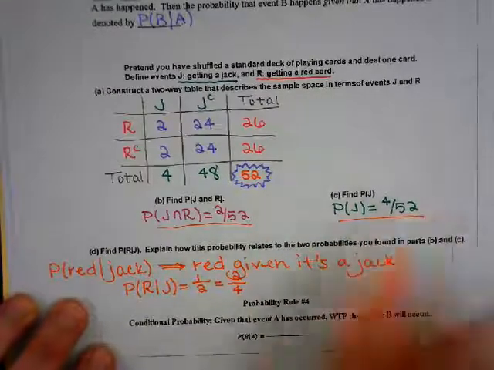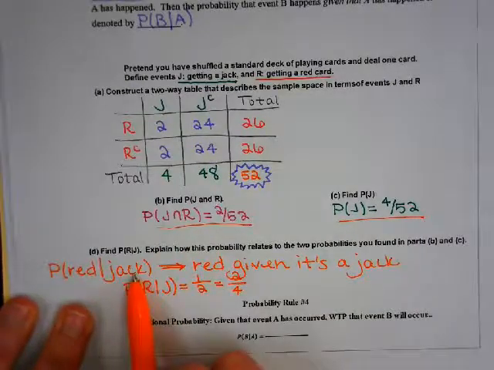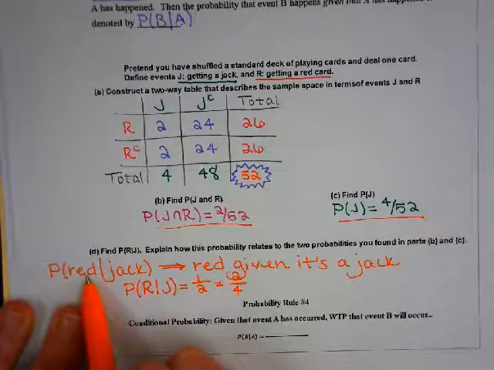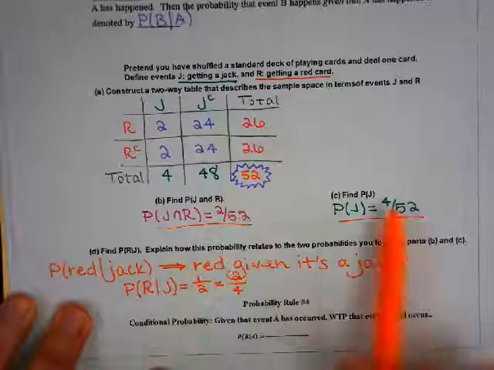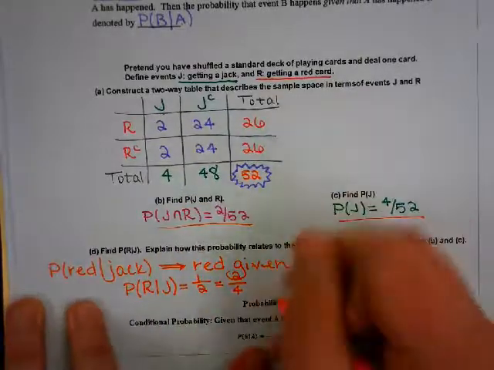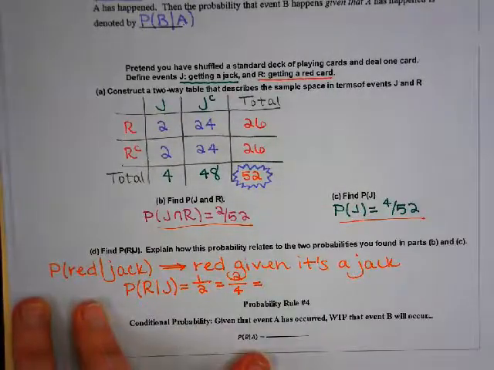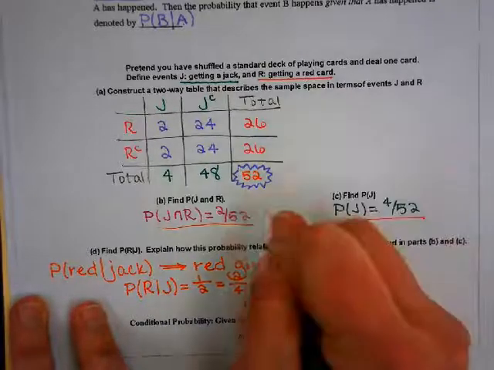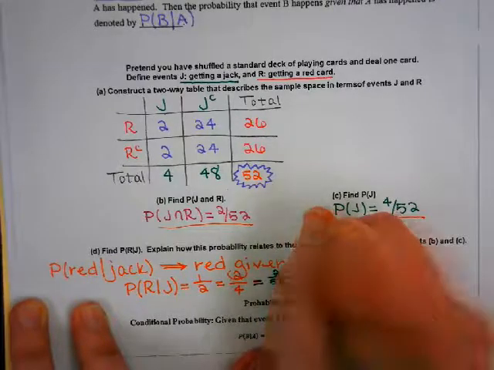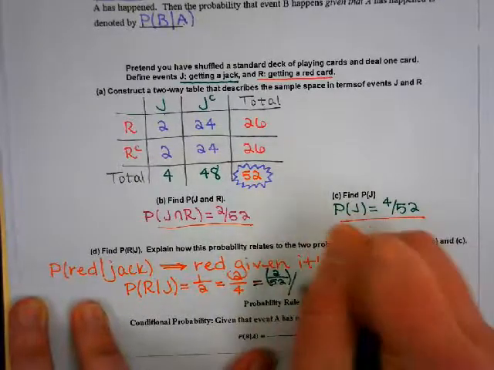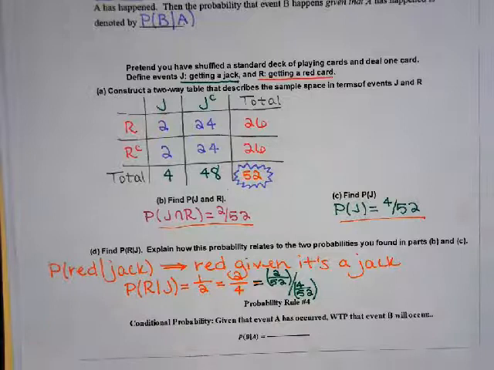Because if we know that it's a jack, and we want to find out that it's red, we're going to take the probability that it's a jack and red, divided by the probability that it is a jack. So 2 over 52 divided by 4 over 52.